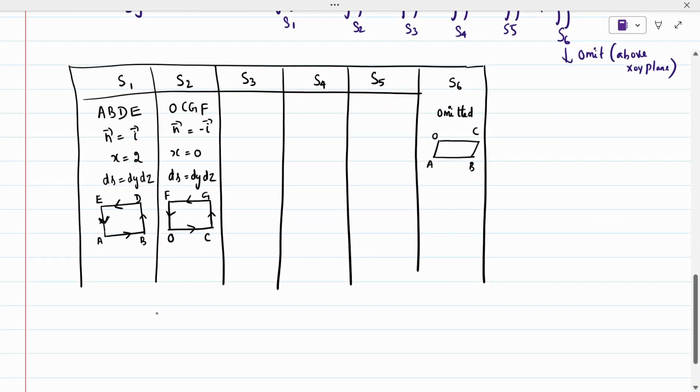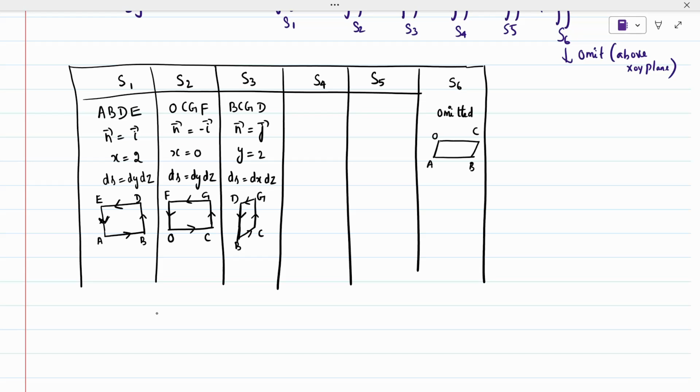It is nothing but y equal to 2, so my n vector will be the j vector. dS is in the xz plane, so dx dz. My diagram shape will be like this, B, C, G, D, in anti-clockwise direction. So completed.